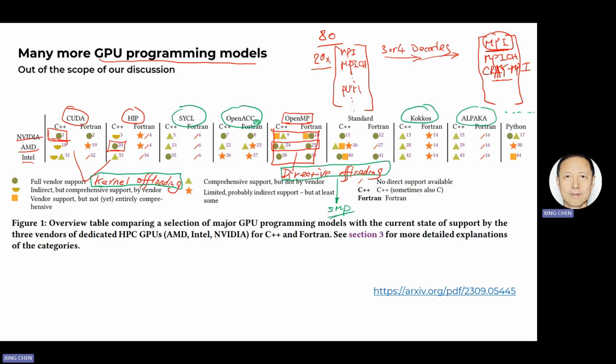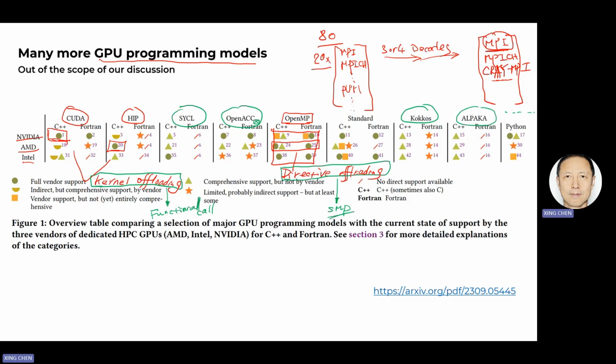And kernel offloading seems promising too; it comes from the language's function call. So it seems these two methods are promising. Maybe at the end, we are going to have these two winners. Maybe somebody else is going to win. We don't know yet, but right now it seems these two are promising.